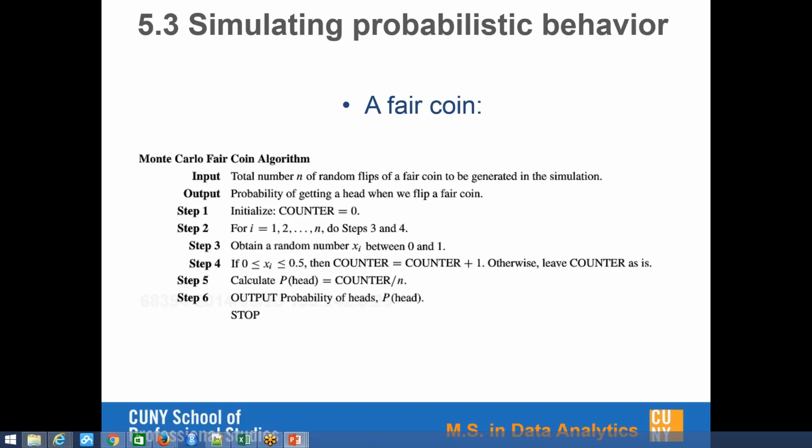Otherwise, you don't increment the counter, and then step 5 is to calculate p head equal to counter divided by n, and output the probability of heads p head, right? So this is a relatively simple example, and apparently you can code this in R so that you can do the simulation.